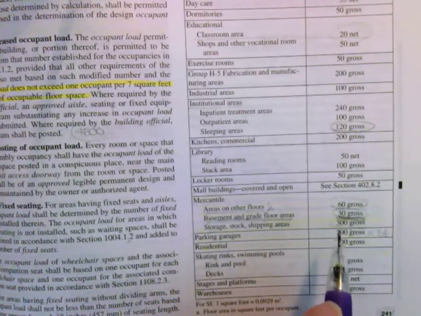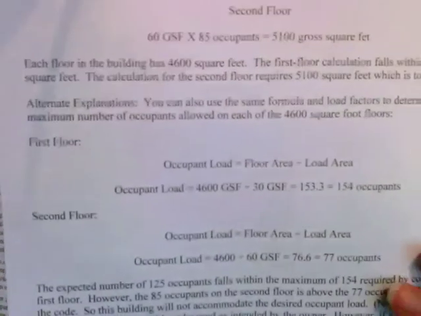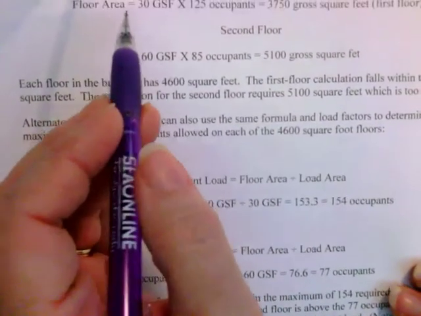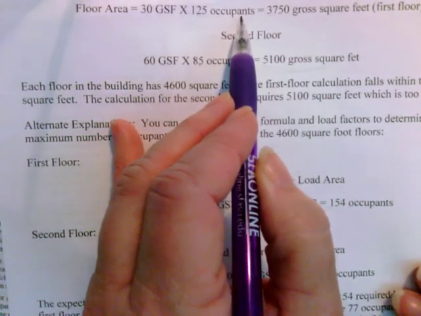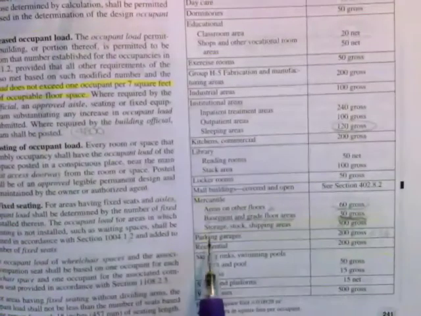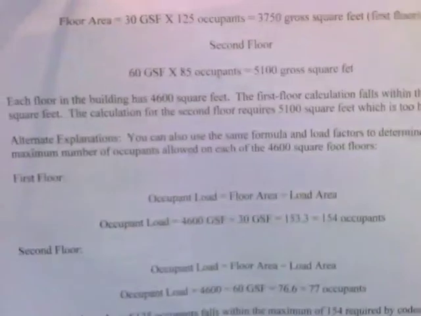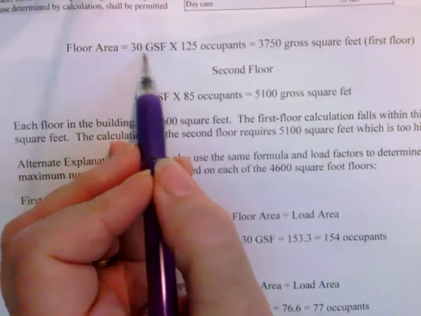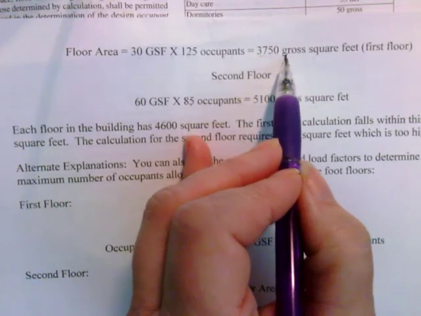So if we're going back and we're looking at this, we have the floor area of 30 gross times 125 occupants, because that's how many he said he wanted to have. And we know the 30 gross is right here at grade level. So if we take 30 times 125, that's 3,750.